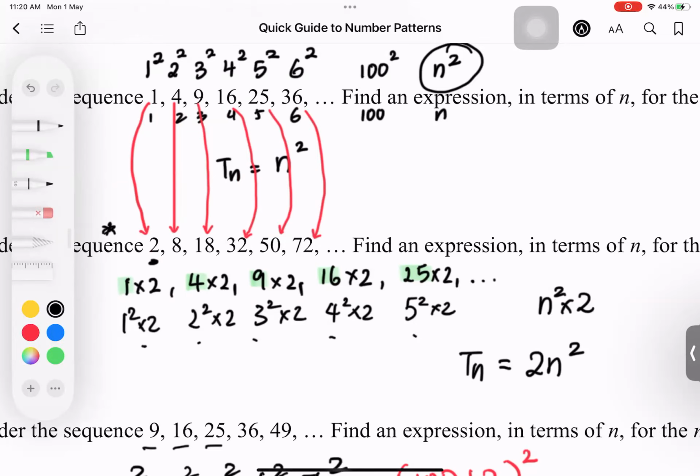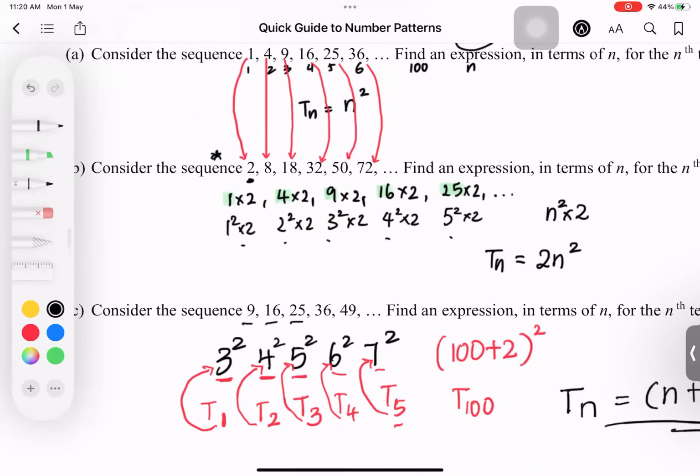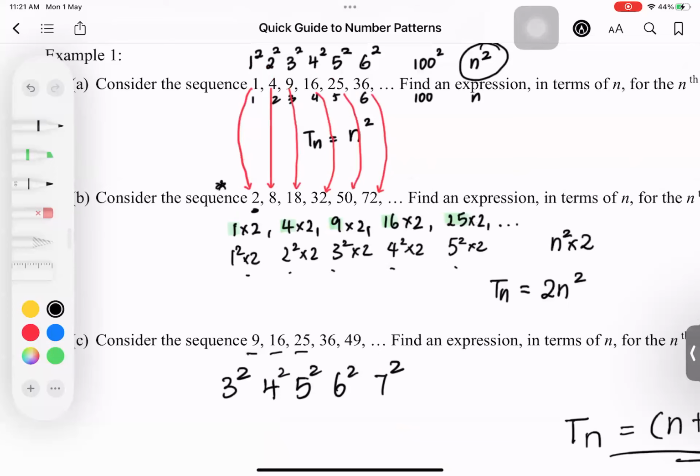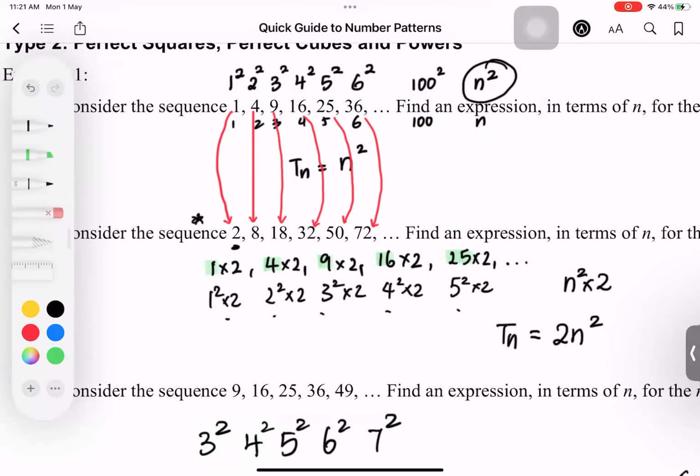Okay. Next question, consider the sequence. This is also related to one another. Let me just write here. Observe very carefully what all these numbers are. 9 is 3 square, 16 is 4 square, 25, 36, 49. These are all square numbers. So we observe the pattern.